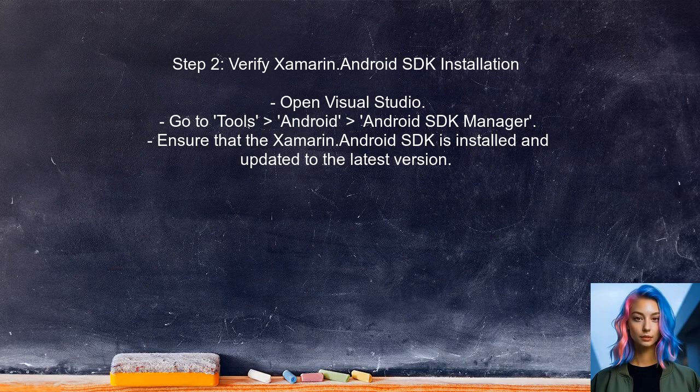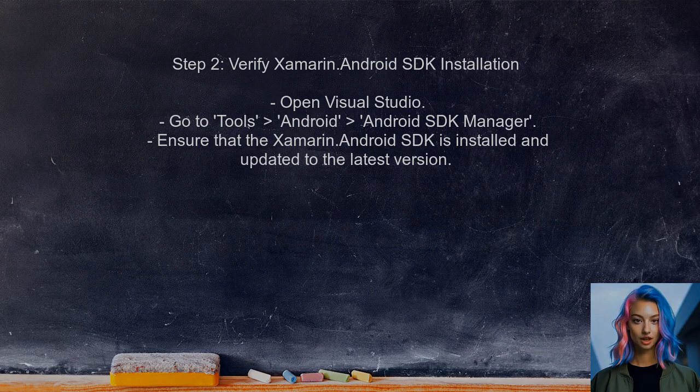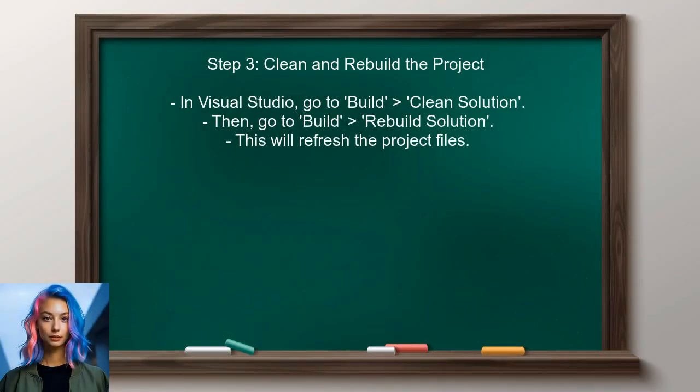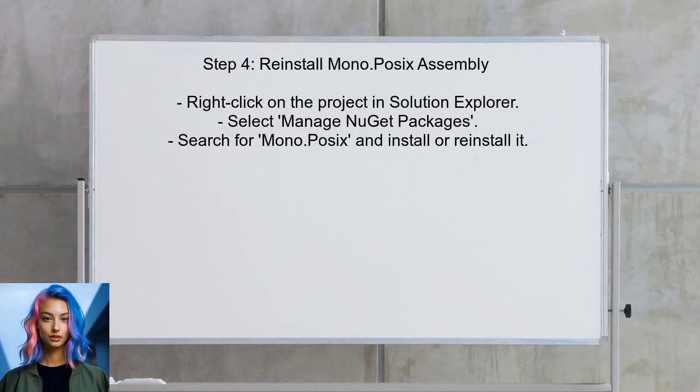This ensures that all necessary components are available for debugging. After confirming the SDK installation, the user should clean and rebuild the project. This step helps to clear any cached files that might be causing the issue. Finally, if the problem persists, the user should consider reinstalling the Mono.Posix assembly. This can be done through the NuGet package manager in Visual Studio.